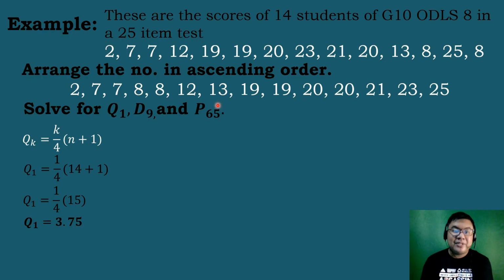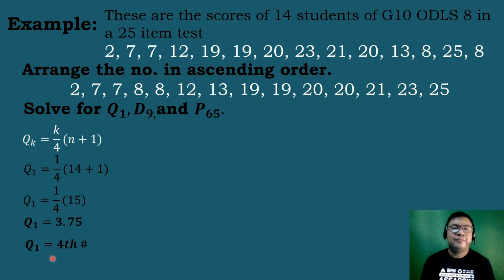So 50% below. The rules that we will be using here is to round it up. So we will round up the value of quartile 1. So if quartile 1 is equal to 3.75, round up the number. So this will be equal to 4.